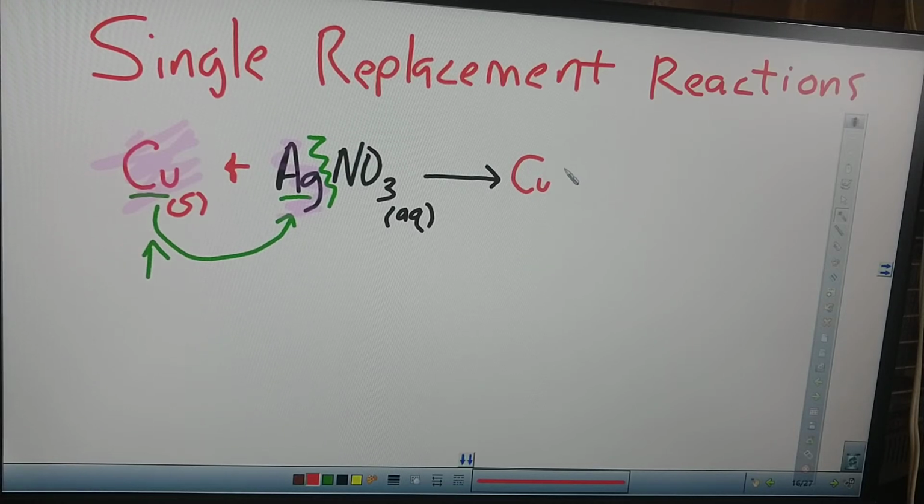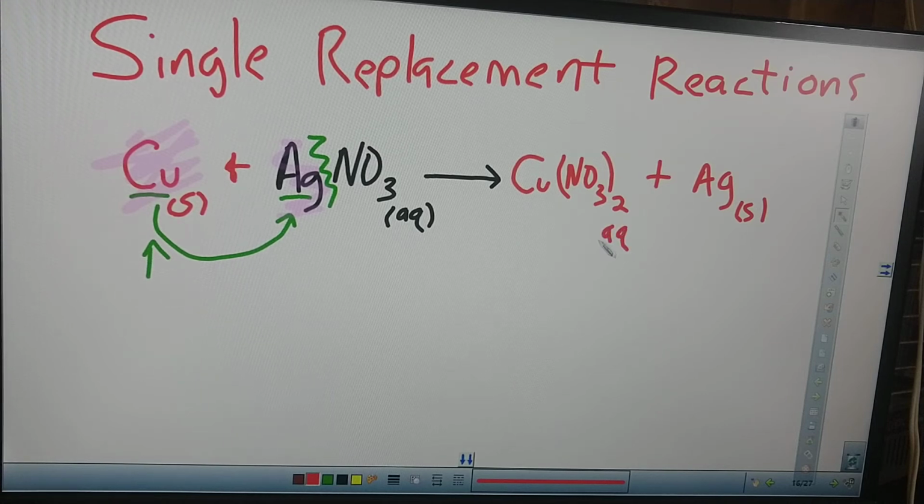So we would be making copper nitrate. Remember, you'd have to write this correctly. And who's going to be alone now by themselves? This silver. This silver's been dumped. It's been broken up with by nitrate. Now the silver would be by itself. So the silver is now the solid, and the copper nitrate is aqueous.